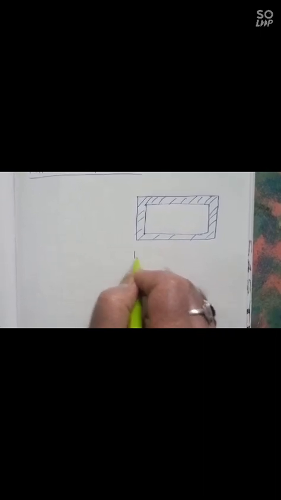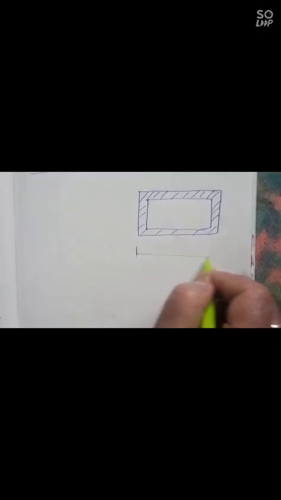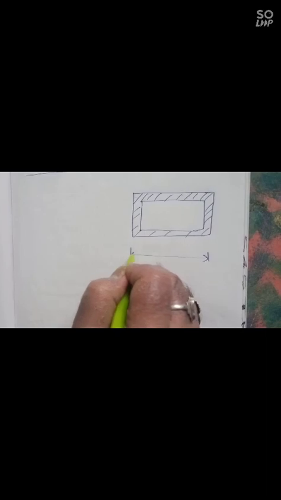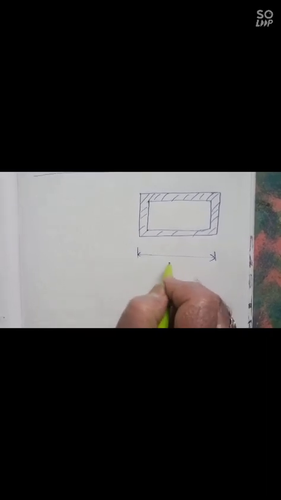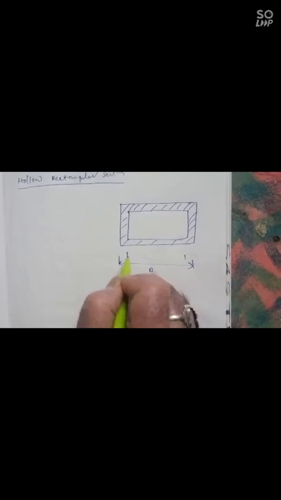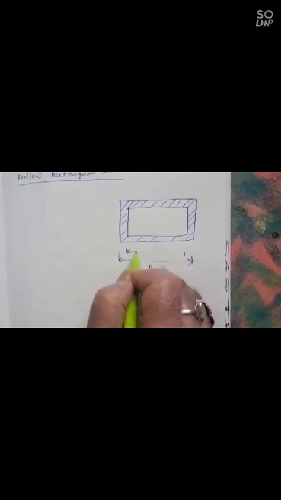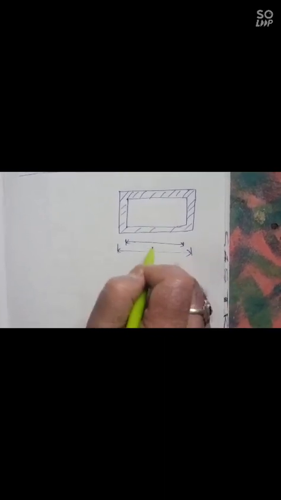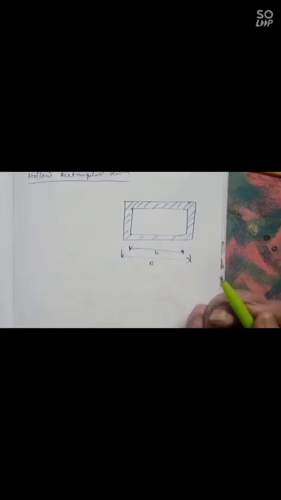Here consider the outermost width capital B and the innermost width small b.